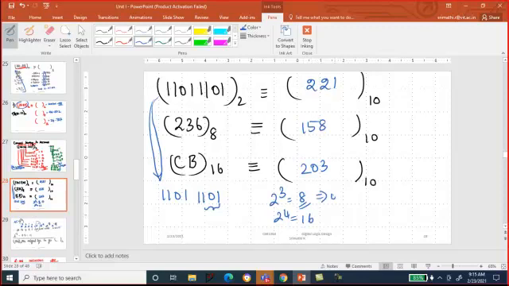So this is octal conversion, and this is hexadecimal conversion. Grouping gives 101, 011 and 11.